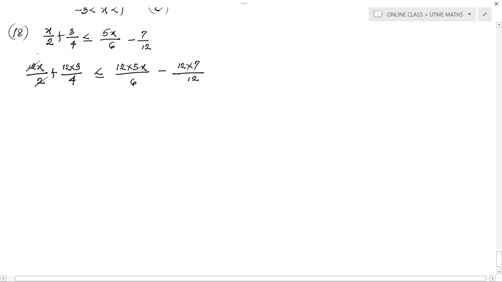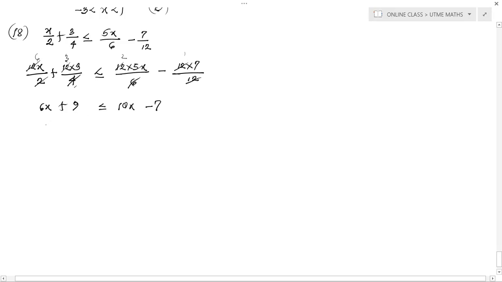To cancel this, we have 6 left. 4 here gives you 3. 6 here gives you 2. 12 in 12 remains 1. So that means we have 6x plus 3 times 3, that's 9, less than or equal to 2 times 5x, which is 10x, then 1 times 7, minus 7.